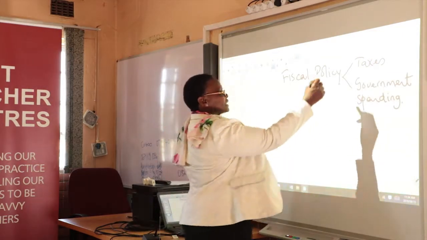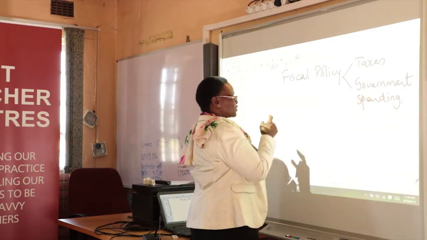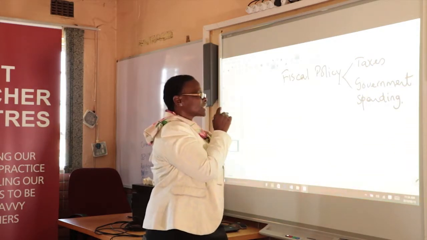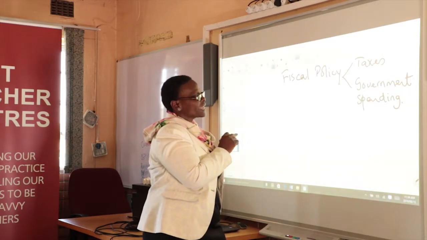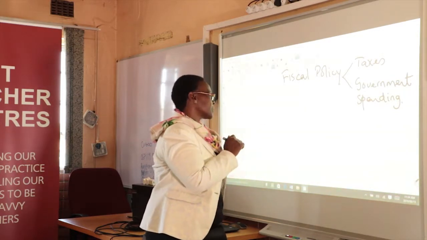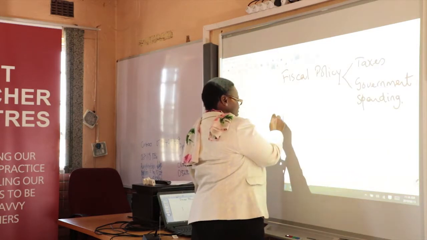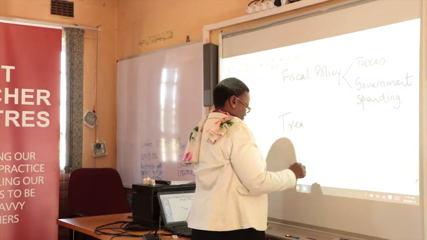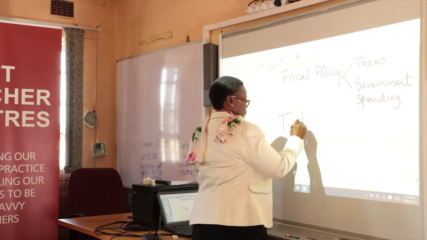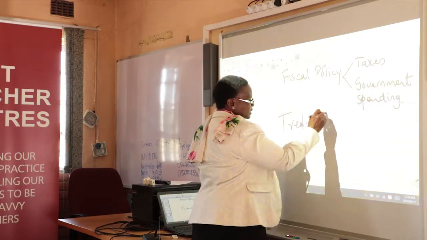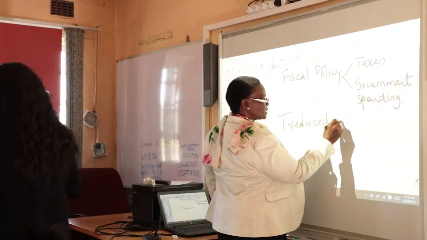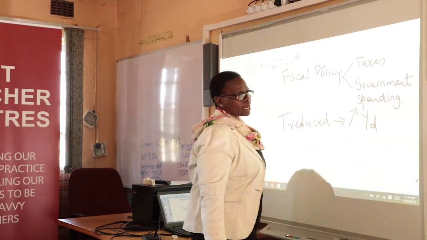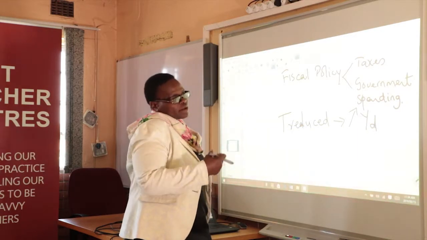Now, taxes, we know, I just want to refer back to the business cycles because the learners would have discussed how these policies are used as expansionary measures. Now, if taxes are reduced, personal income taxes, for example, this leads to an increase in our YD, which is our disposable income, which is the income that the consumers are left with to spend.